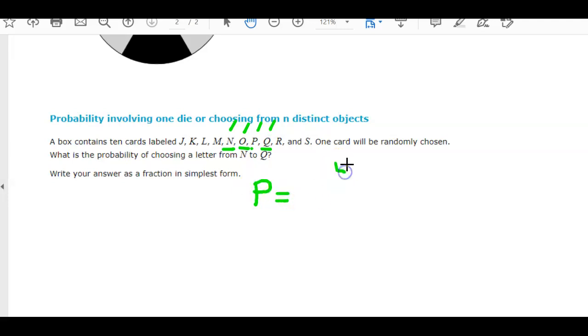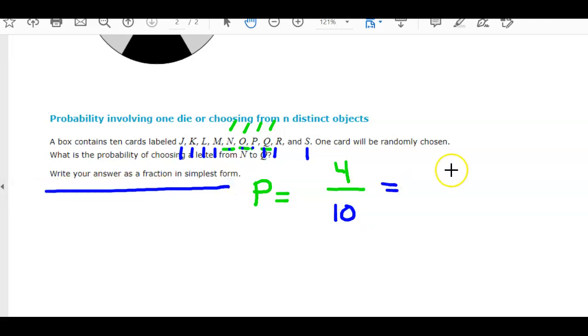So we would say 4 favorable outcomes. And let's look to see how many we have all together. All together we have 1, 2, 3, 4, 5, 6, 7, 8, 9, and 10. So we have 4 over 10. We're going to go ahead and simplify that. They want it as a fraction in simplest form. 4 over 10 is the same as 2 over 5.